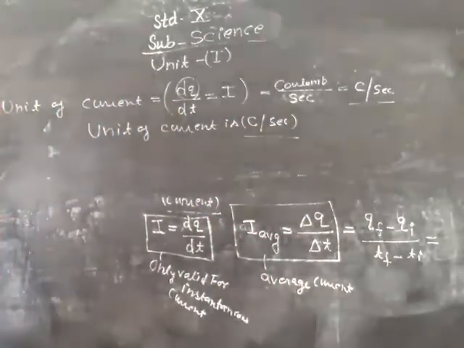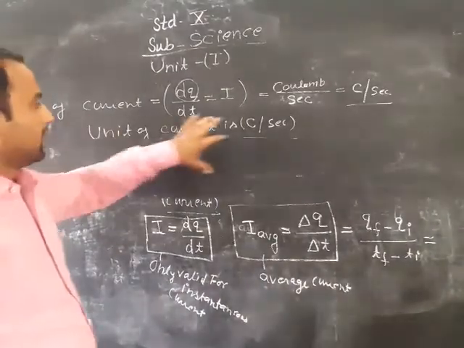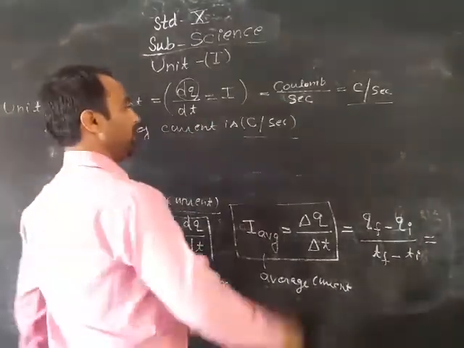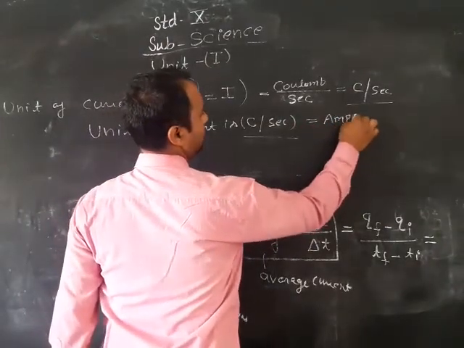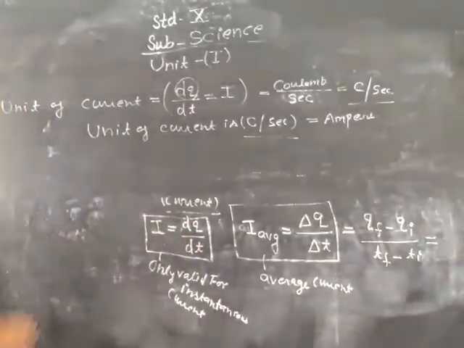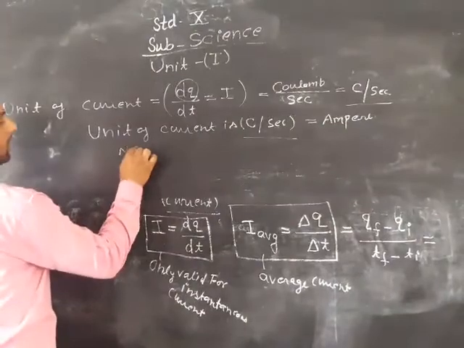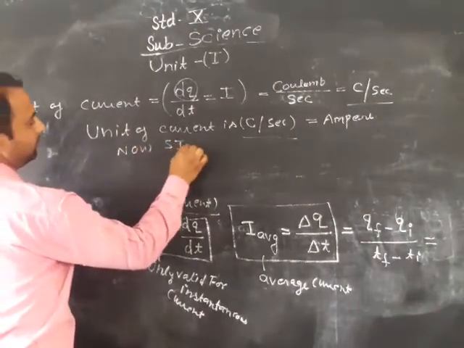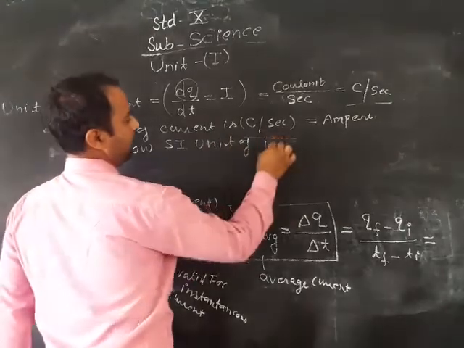But in honour of the famous scientist Ampere, this unit is called the ampere. Coulomb per second is also known as ampere. The SI unit of current is ampere.